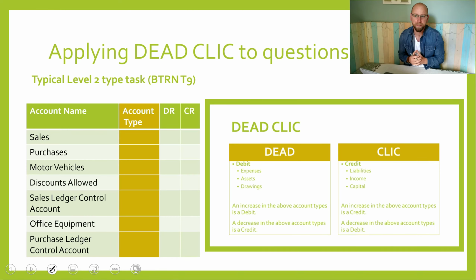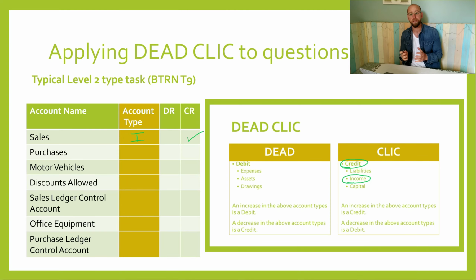Regular money that's coming into the business we call income. We know that sales is where the regular money is coming from, and the term we use for that is income. So now we understand that sales is income. Income, as we can see here, is a credit account. So therefore we just put income, and then we know that it's a credit account.